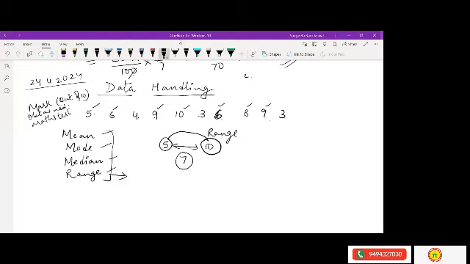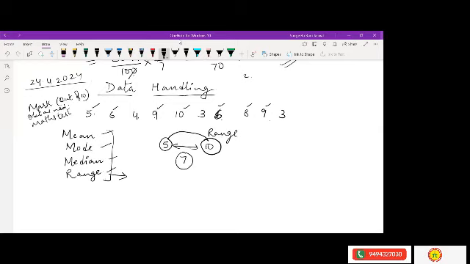Range is, how do you define that? The highest marks minus the lowest marks. Yes, range क्या है? The higher range minus the lower range.